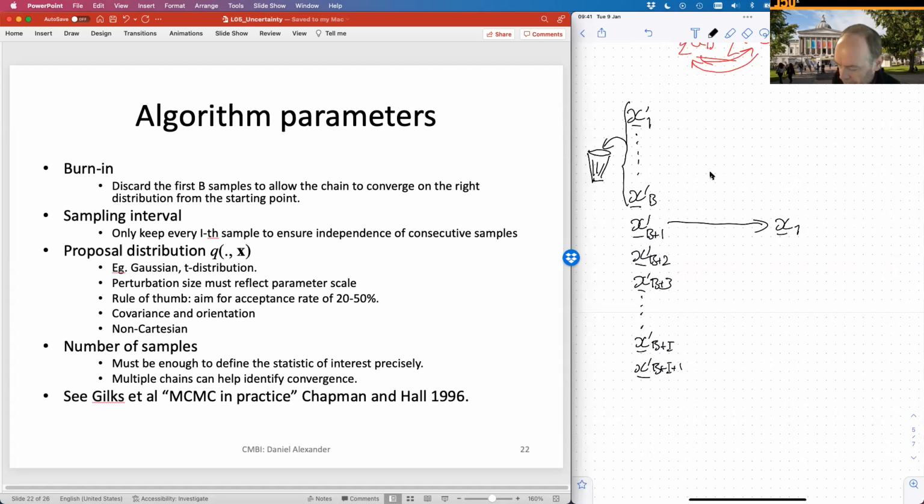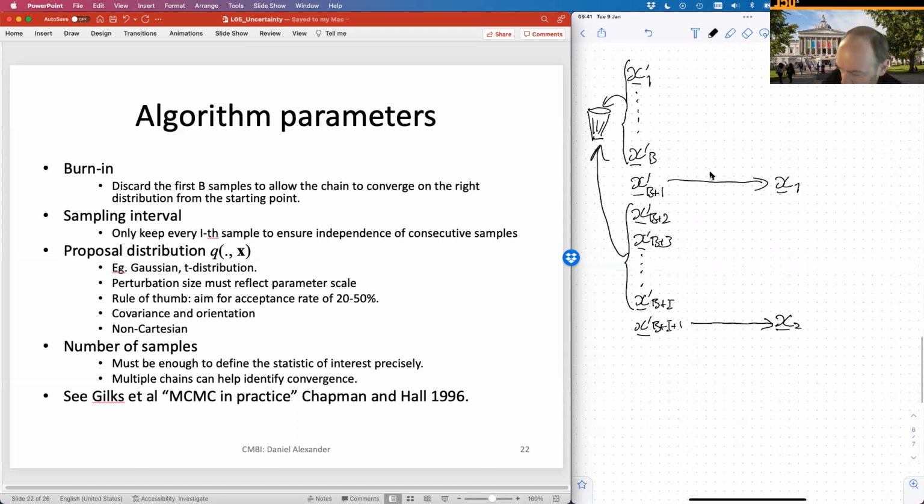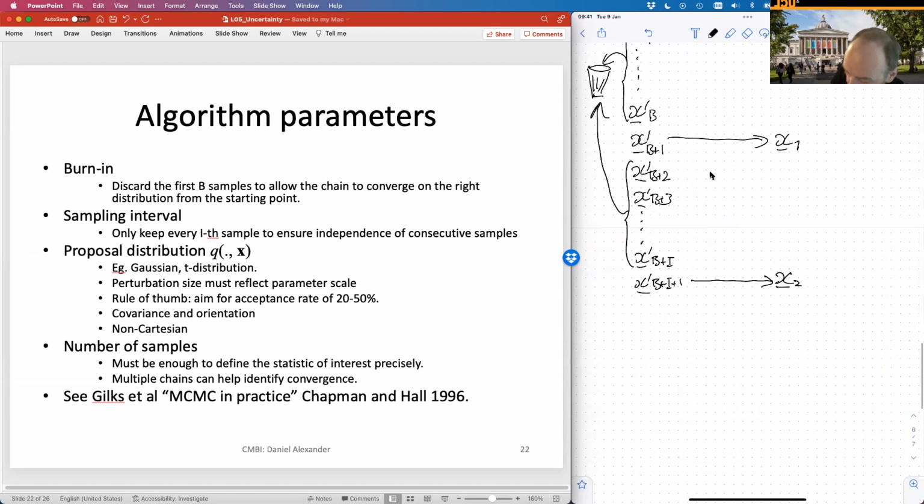So we're going to discard the next I samples and then only actually collect the next one after that interval of samples. So we're going to chuck all of those in the trash bin again, and then do the same thing subsequently. So we only store every Ith sample.